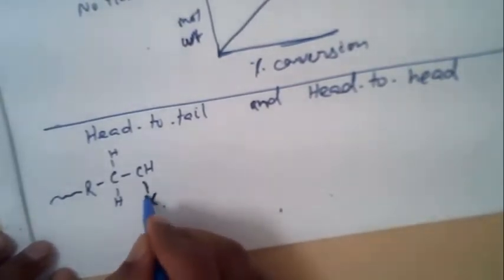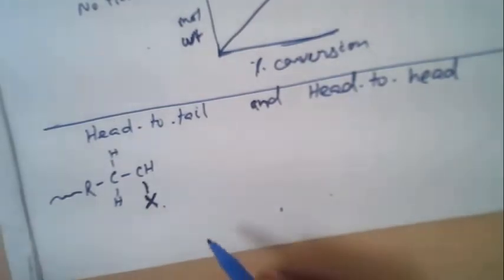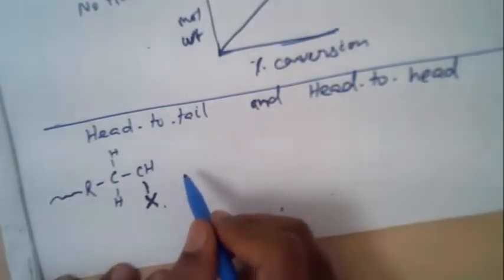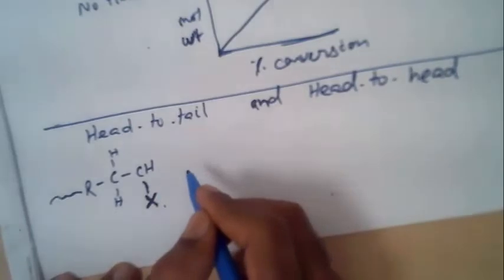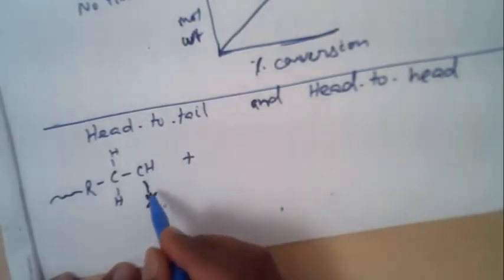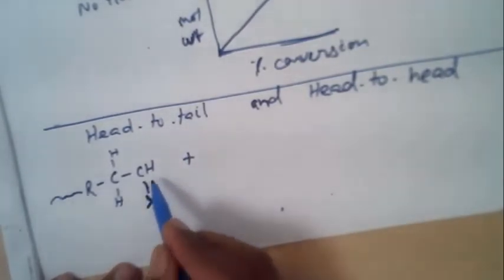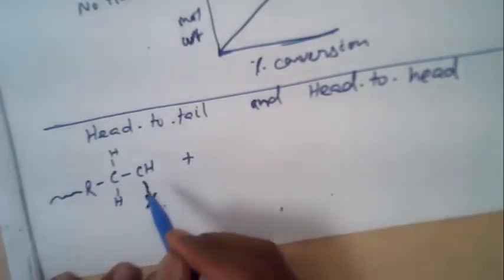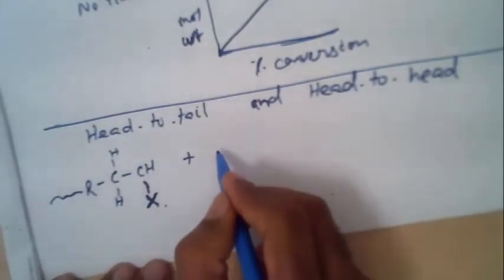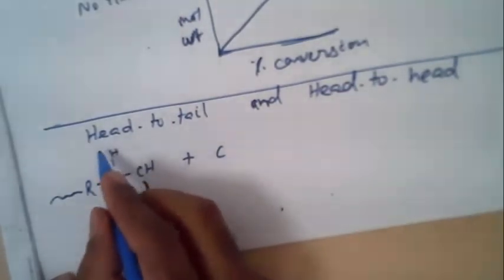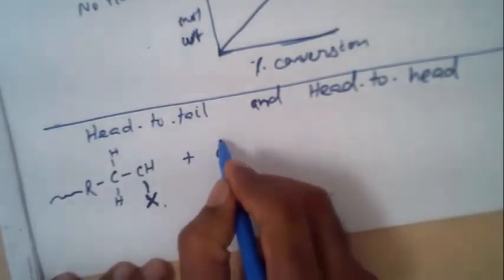Simply I just denote X for different polymers. Now when these polymers are connected with another of this kind, okay, let us first discuss head to tail.